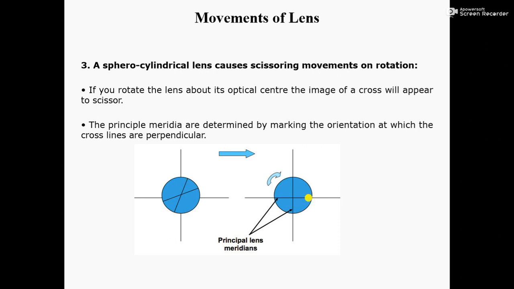We will use a cylinder lens to focus any object, and if we rotate the lens, then the object shape will be changed or spoiled, and we will see this type of movement, that is scissor movement.